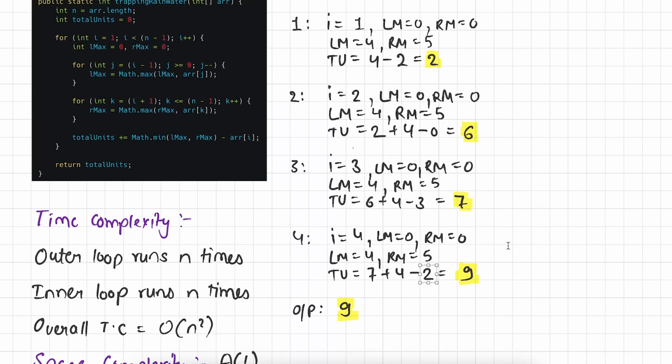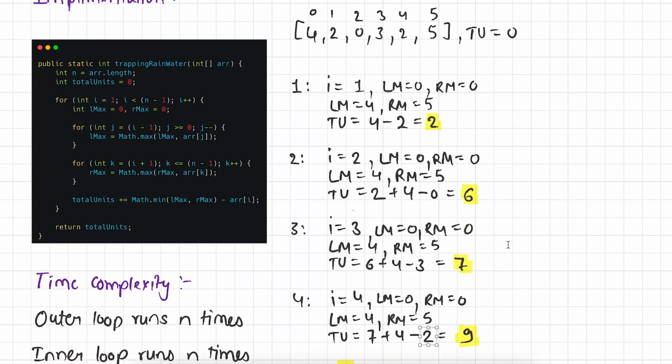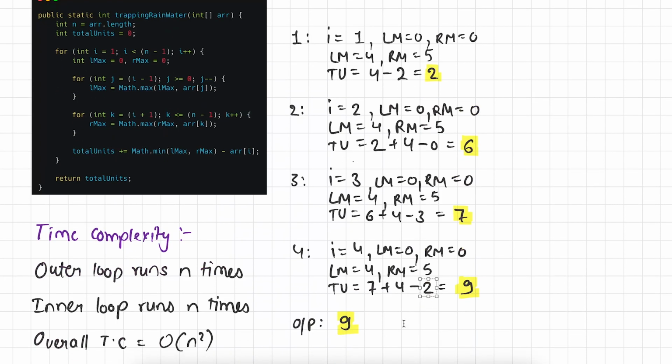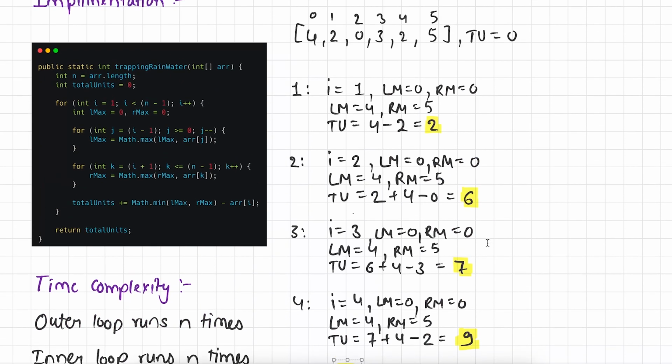It comes out to be 9. So the output of this input array is 9. It means we can at max collect 9 units of water between these bars.